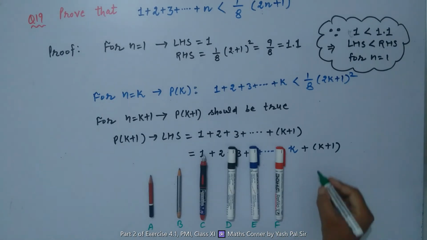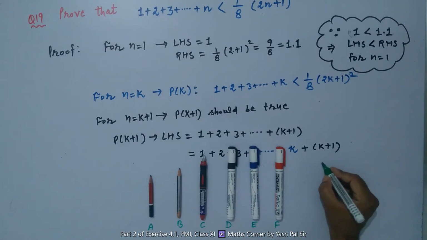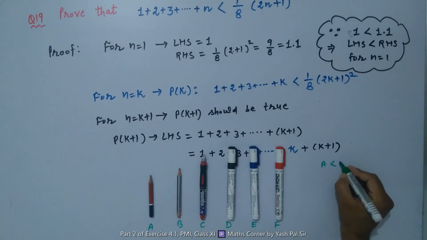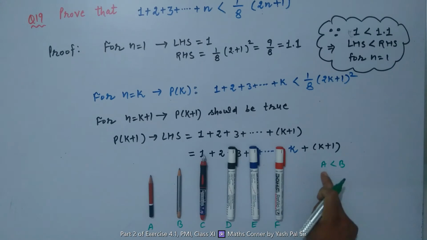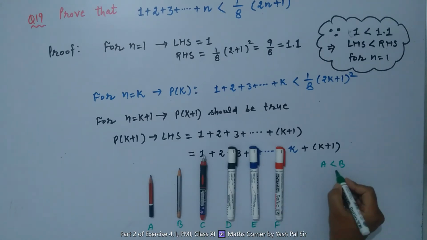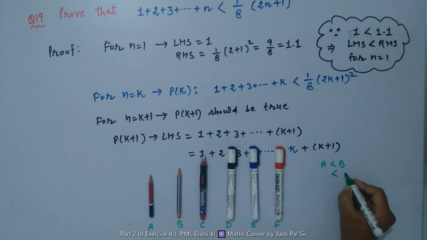So we say here A is less than B. The height of A is less than the height of B. Next, height of B is less than height of C. Next, height of C is less than height of D. But what about the height of E?